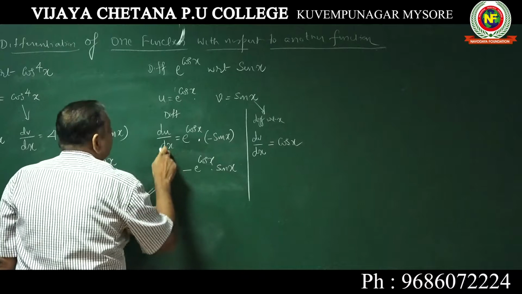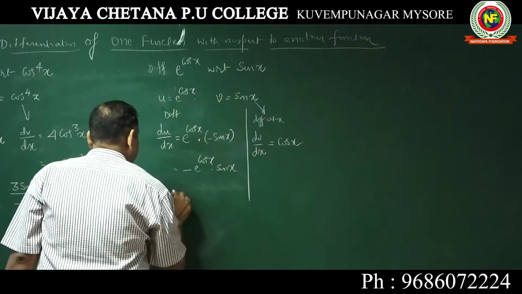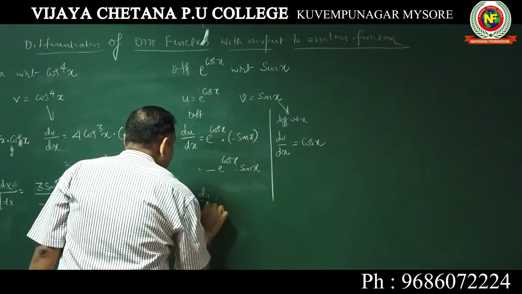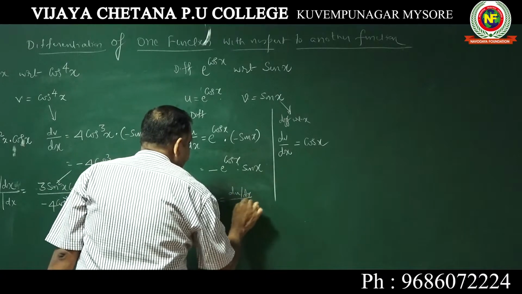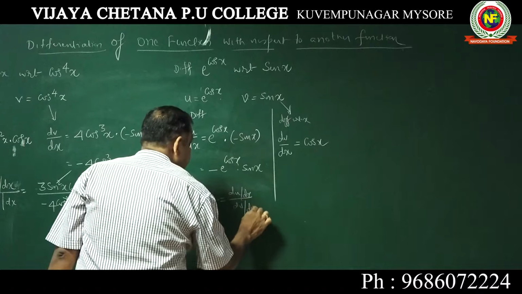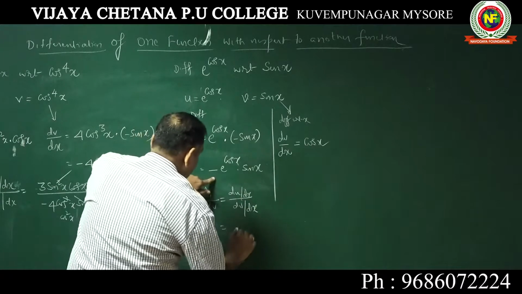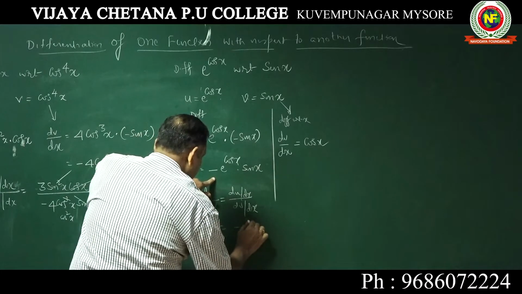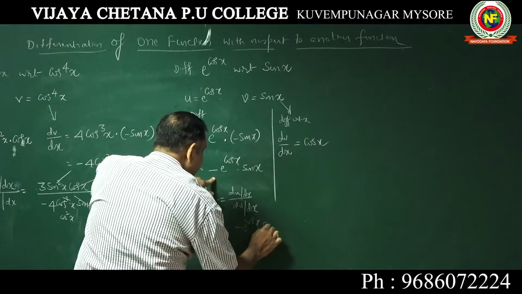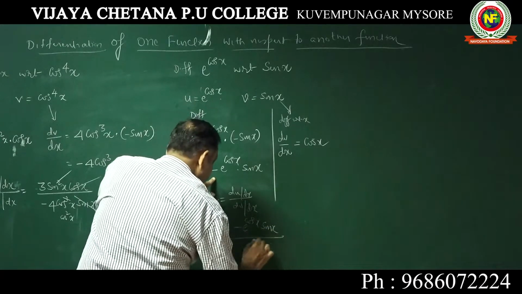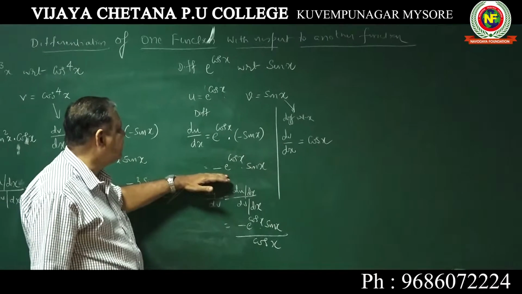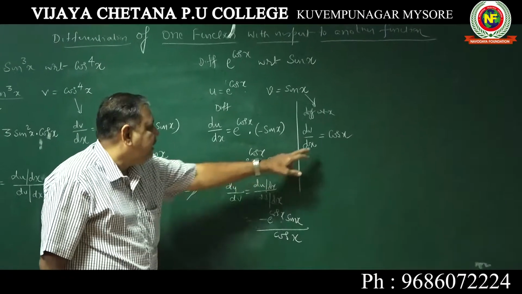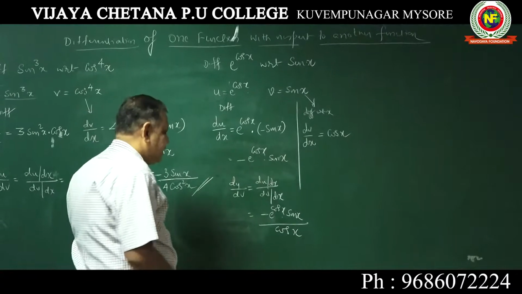Now you want this function with respect to this function. You know the formula: du by dv is du by dx divided by dv by dx, which is minus e to the power of cos x into sin x divided by cos x.